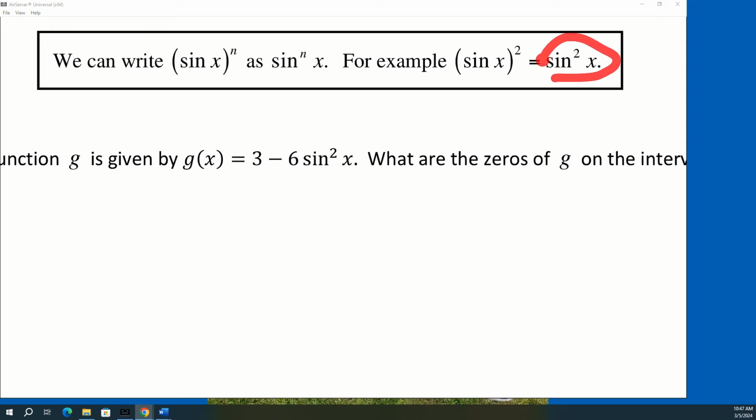Most of the time, this is how you see it. You just see the power on the sine. Now tomorrow on your assignment, there is a calculator question with a sine squared, or maybe cubed, I can't remember. So just know that in the calculator, there's no way to put the square on the sine. It just won't work. So just make sure you do the parentheses and the square on the outside. And we'll practice that some more.